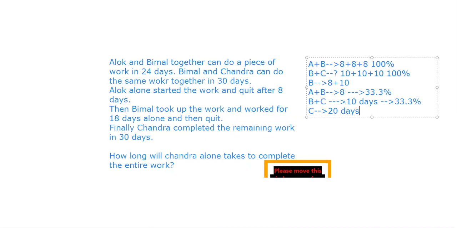In those 20 days he completed the remaining 33.3% of the work, which means C is capable of doing 1/3 of the work in 20 days. So when he completes 3/3 of the work, in how many days? 60 days, or not? That's it.